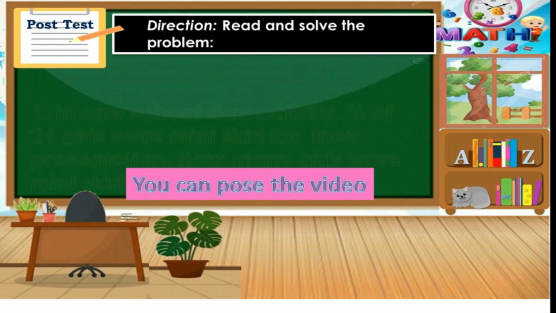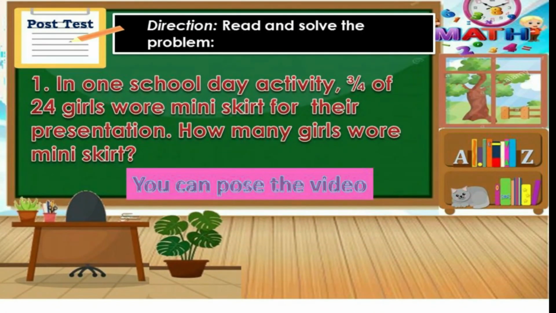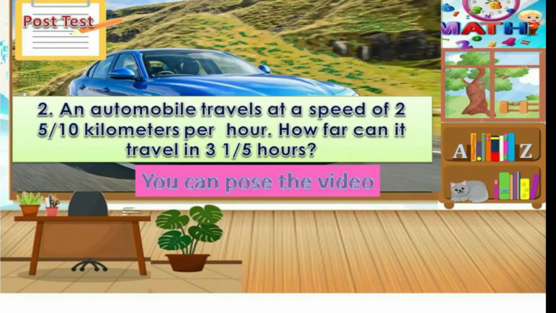Direction, read and solve the following problem. In one school day's activity, 3/4 of the 24 girls wore miniskirt for their presentation. How many girls wore miniskirt? You can pause the video. Okay, for number 2, an automobile travels at the speed of 2 and 5/10 kilometers per hour.